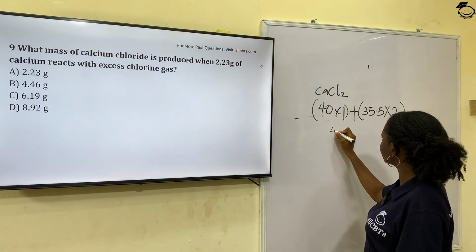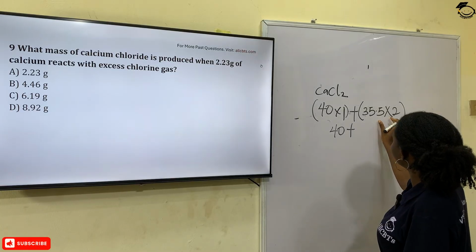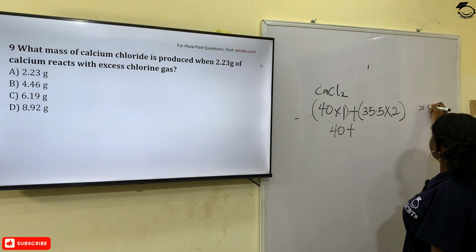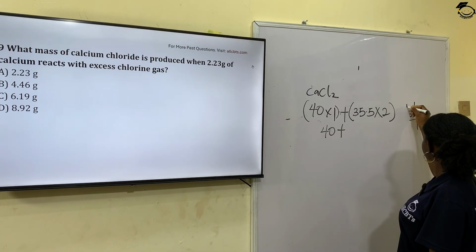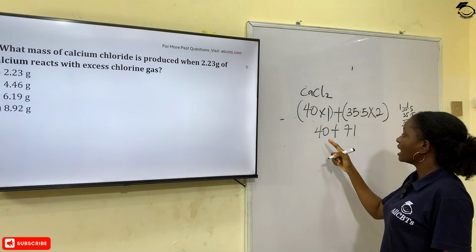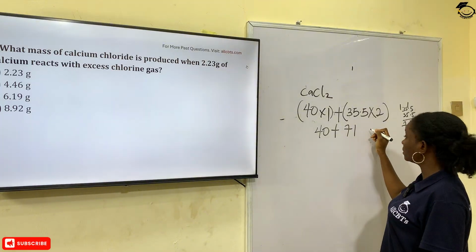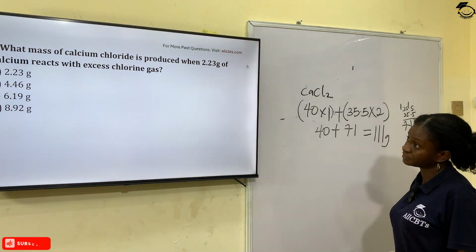So that will be 40 plus 35.5 plus 35.5. That's 71. And 40 plus 71 will give you 111 gram.